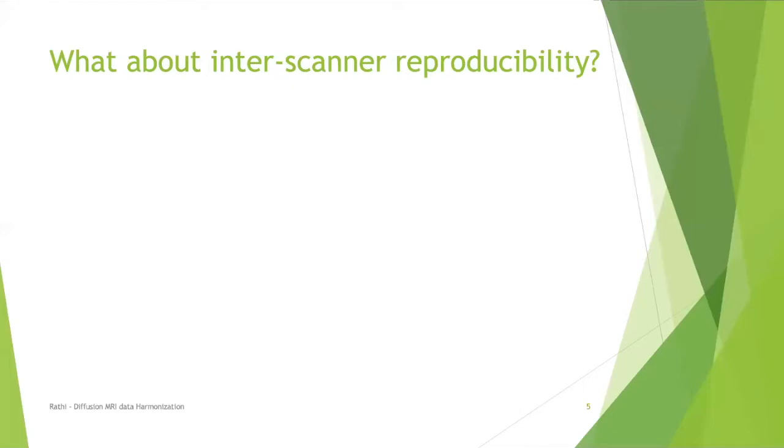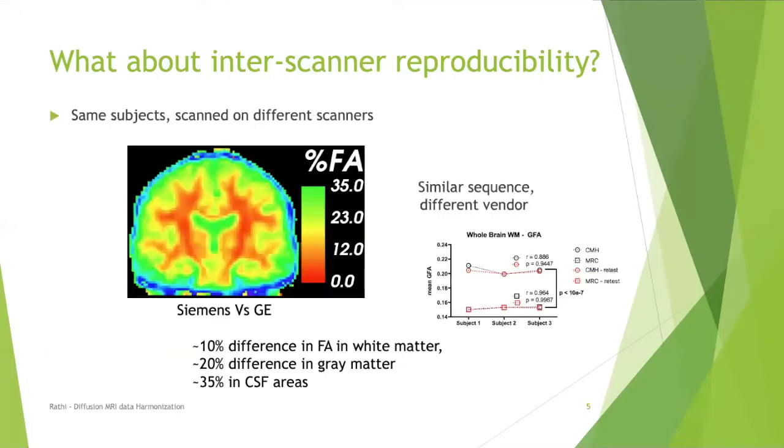But now moving from within-scanner to inter-scanner variability. How much difference are we expecting here? Here is a coronal slice. What we see is the same subject scanned on 2 different scanners, Siemens versus GE, and we're showing the percentage change in FA. As you can see, in white matter there is obviously less variability, but yet it is 10% at least, maybe more at the white-gray interface or boundary, and it's maybe 20% in the gray matter and much more in the CSF areas.